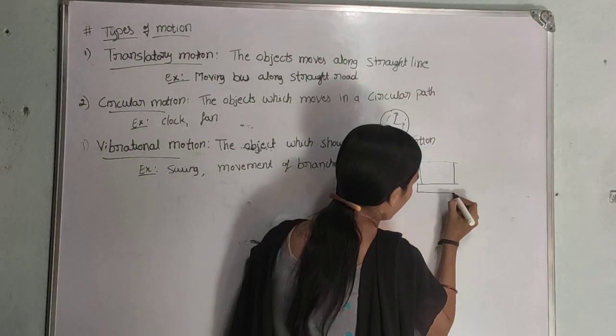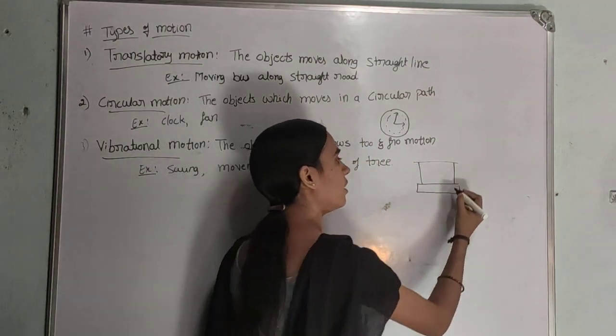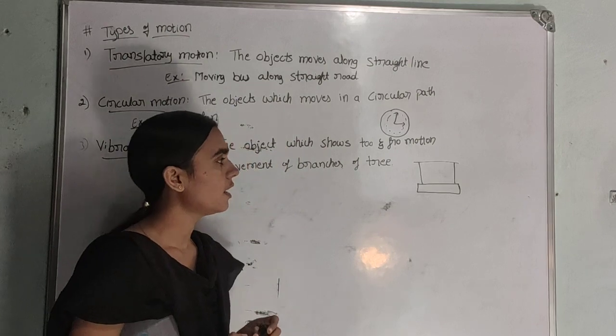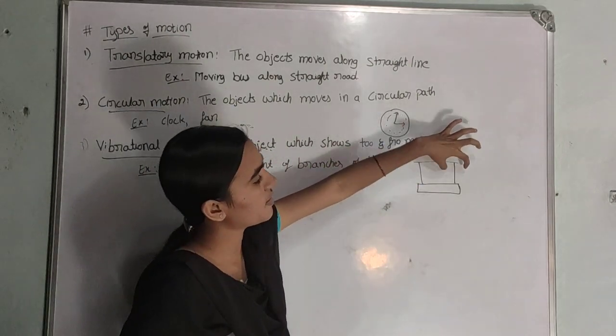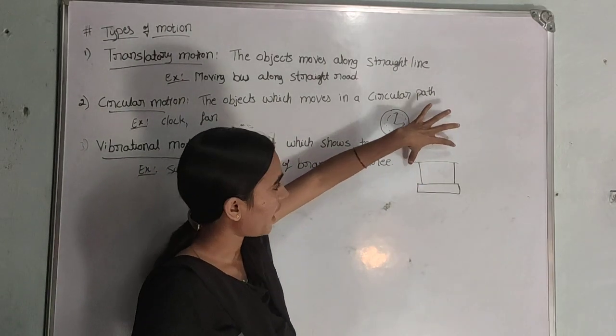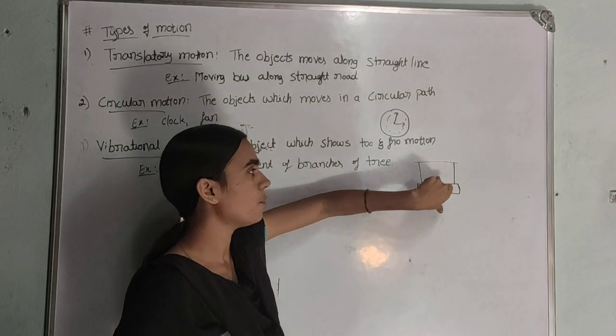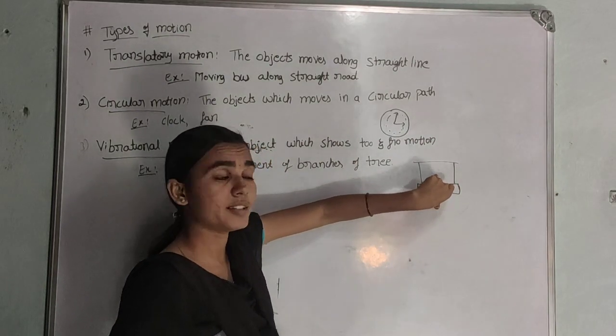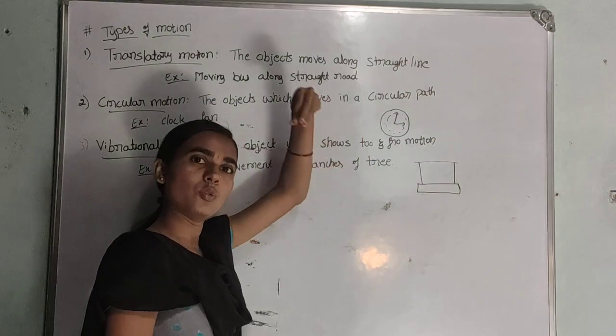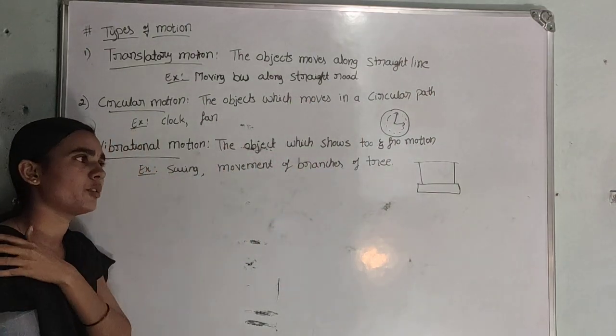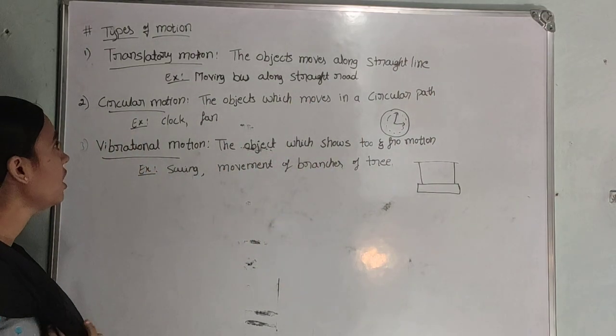The rope is fixed to a hook, and the plate or wood is what starts to move. That is an example of vibrational motion.